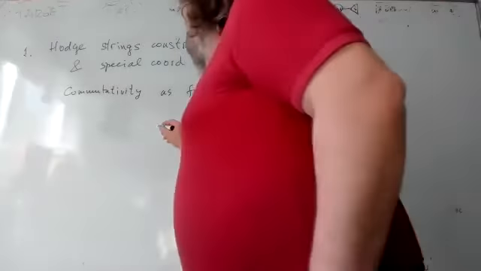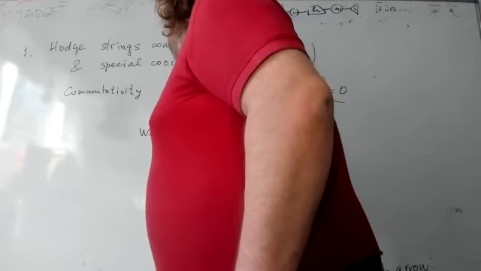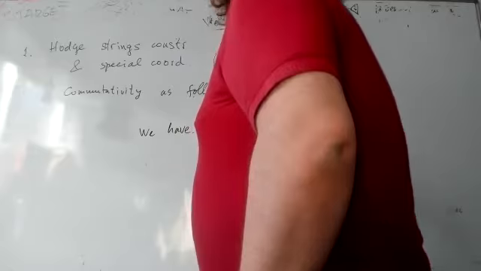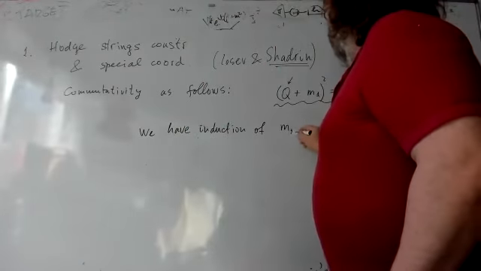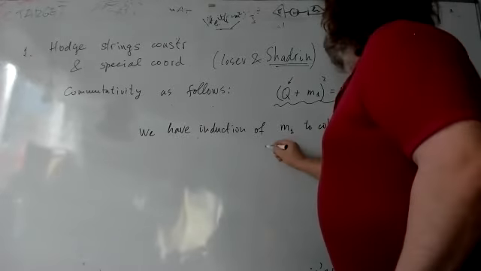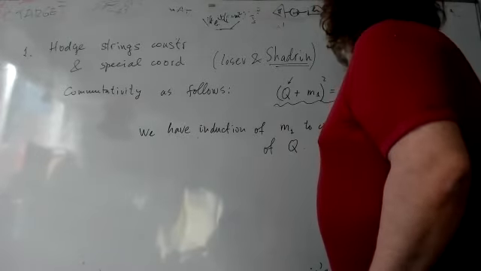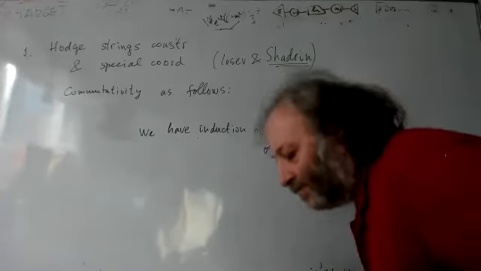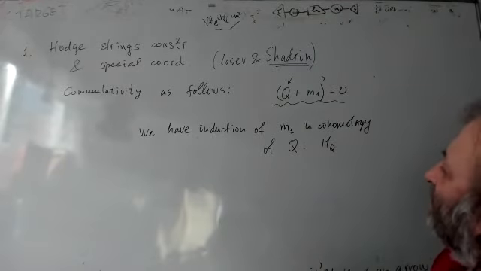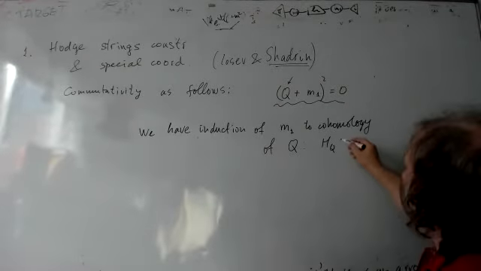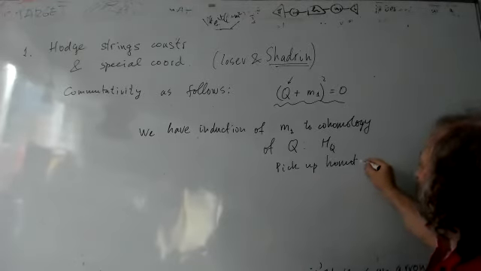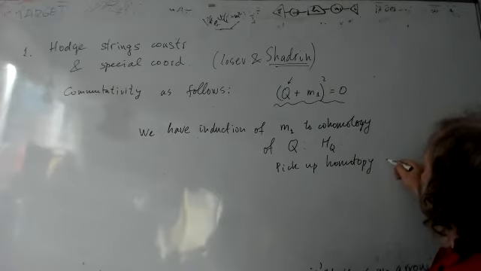Then we will have induction of m1 to cohomology of Q. So to give an explicit formula, it's better to pick up a homotopy. And we call the homotopy H.